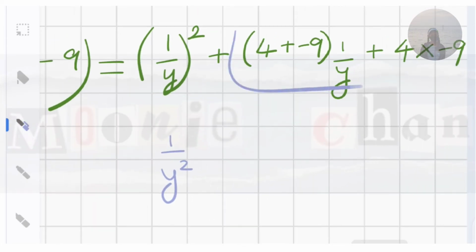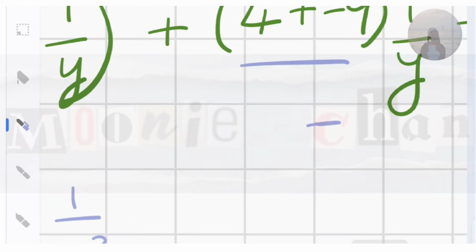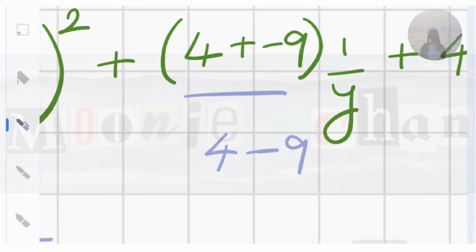Now we have to solve this. So 4 plus negative 9. Plus and minus together, as I had mentioned earlier, they are always minus, right? Now 4 minus 9 into 1 upon y.